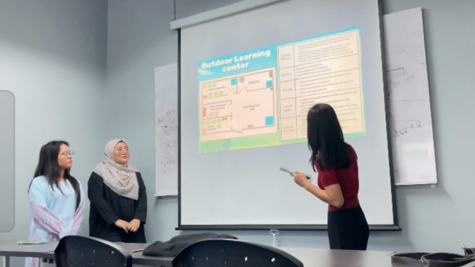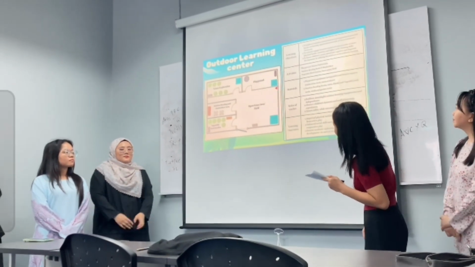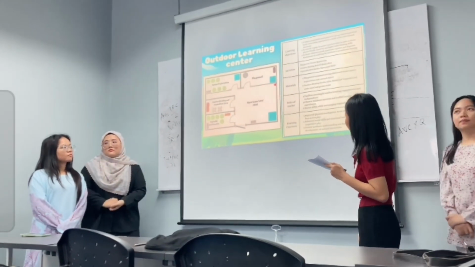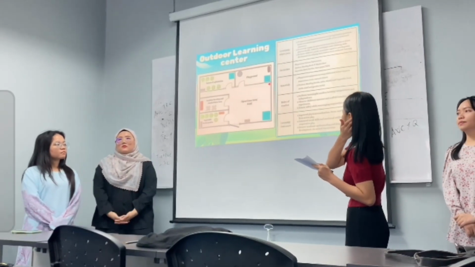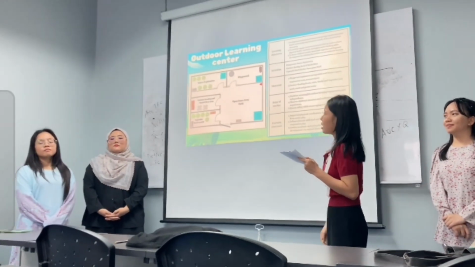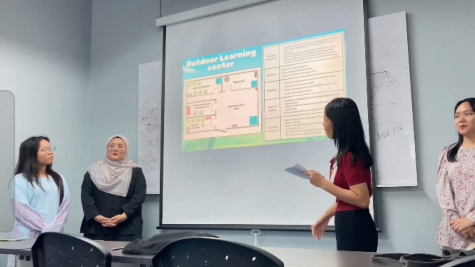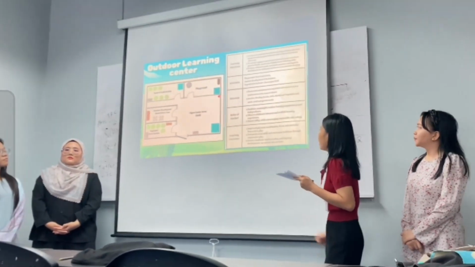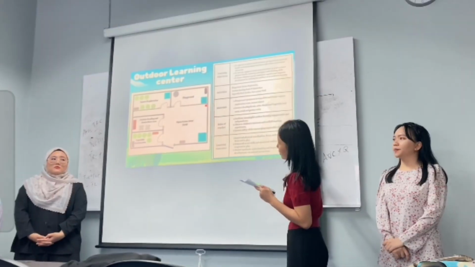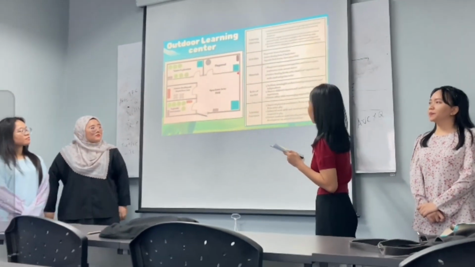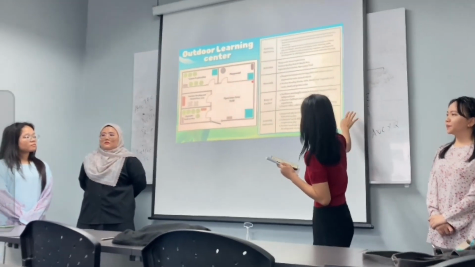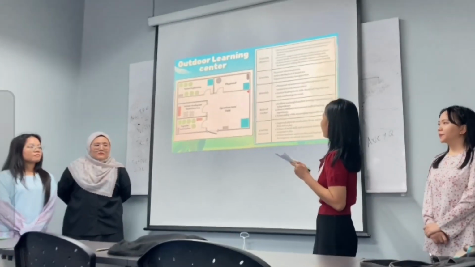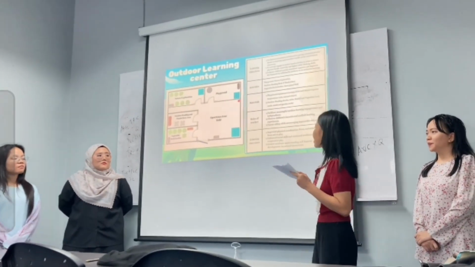And for nature exploration, the material is exploration tools and natural objects. For the outdoor reading and shade rest area, it is book, table, and shade. And the last is vegetable or herb garden. The material is soil, seed, and small garden tools.